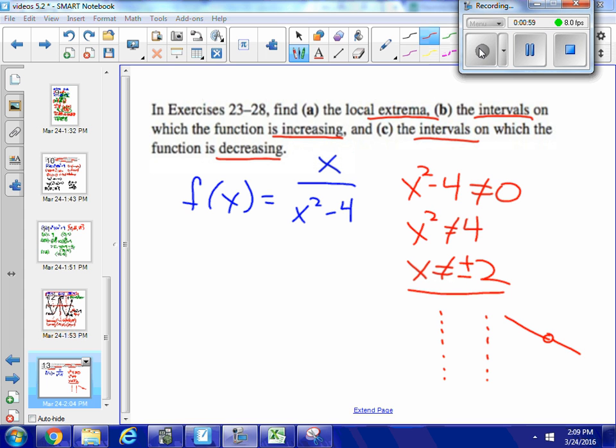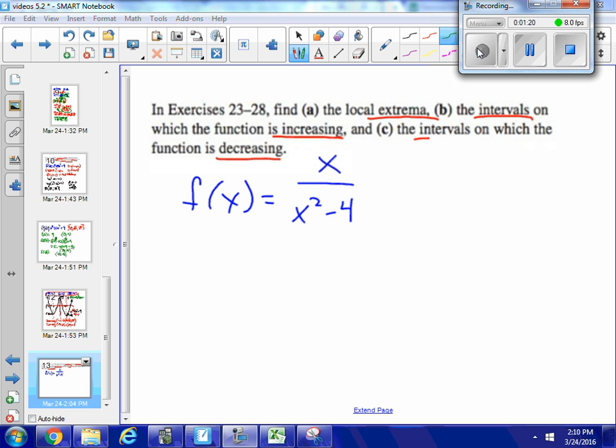It has a hole in the graph only when I can cancel out a factor in the numerator and the denominator. So since that is not happening here, I know that my graph is going to have vertical asymptotes at -2 and at +2. So that's something I want to keep in the back of my head.